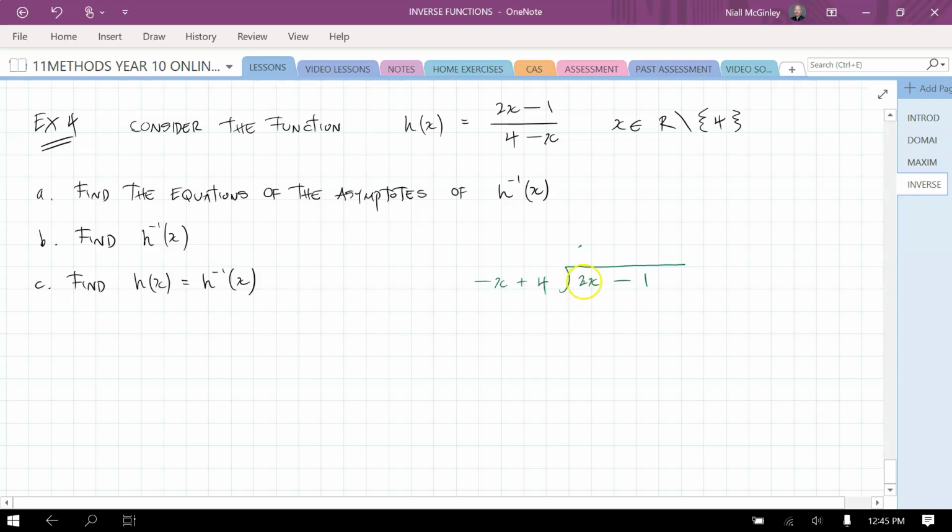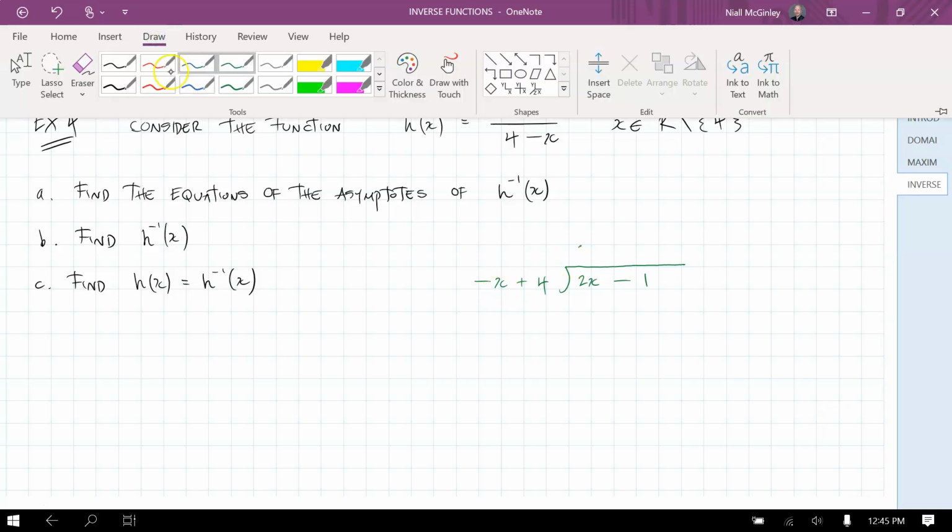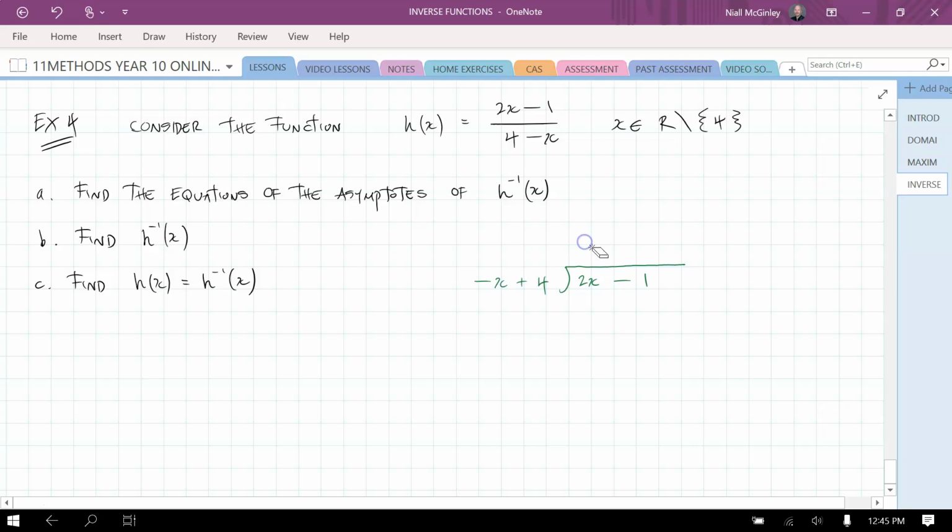So what we do, we start off with 2x, so we do 2x divided by minus x, and that is going to give me minus 2. Whatever we've got up here, you're then going to multiply it by the two terms that we have down here. So firstly minus 2 times minus x, and that's going to give me plus 2x.